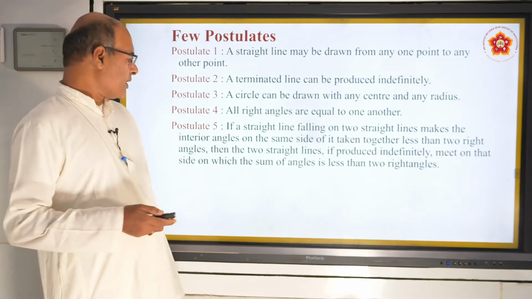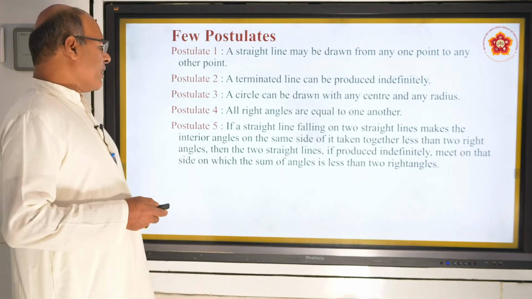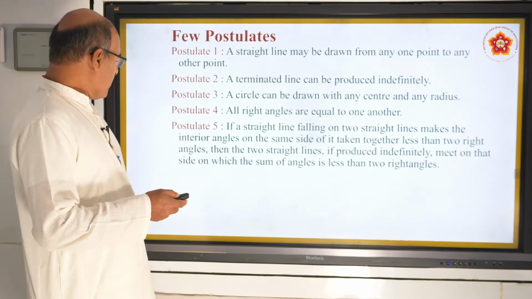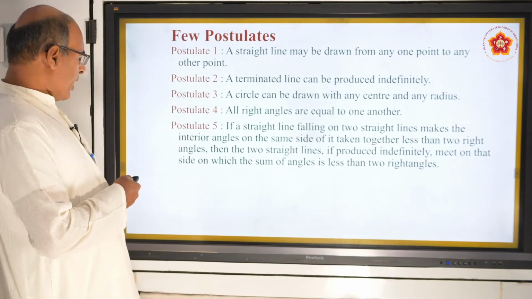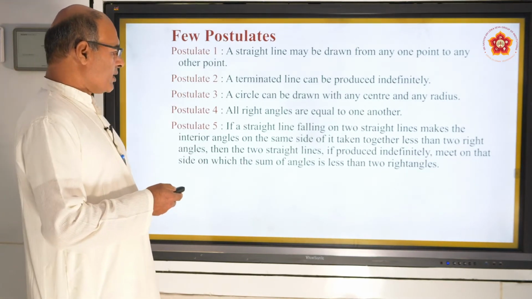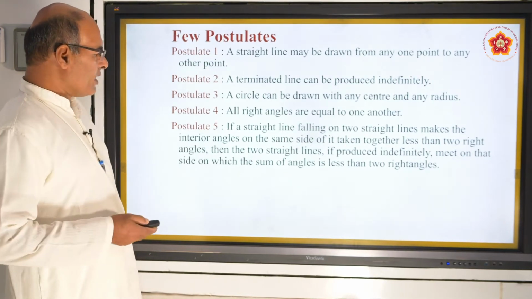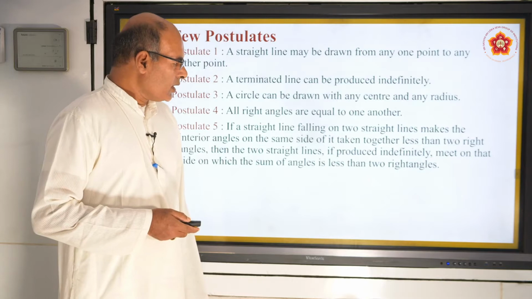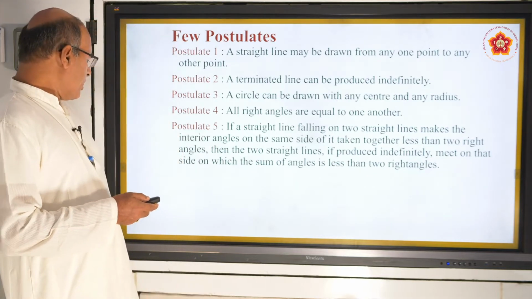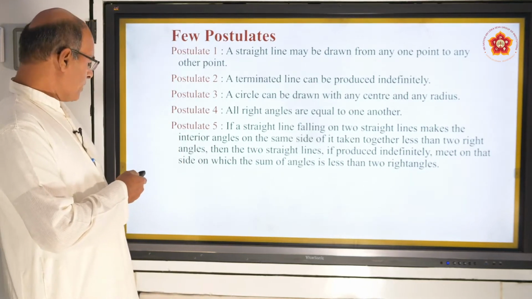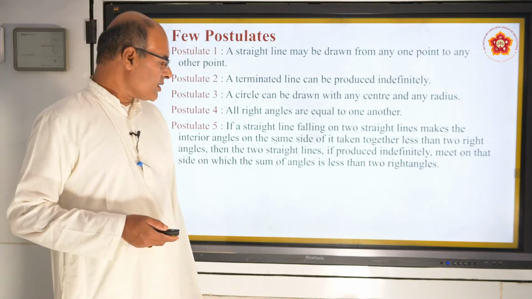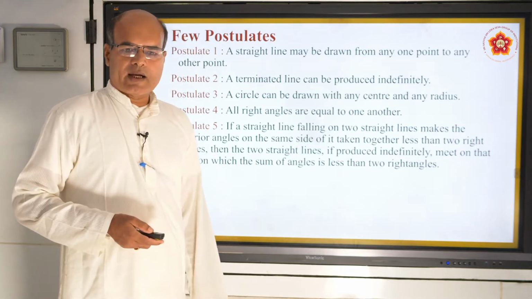And the fifth postulate: if a straight line falling on two straight lines makes the interior angles on the same side of it taken together less than two right angles, then the two straight lines, if produced indefinitely, meet on that side on which the sum of the angles is less than two right angles.